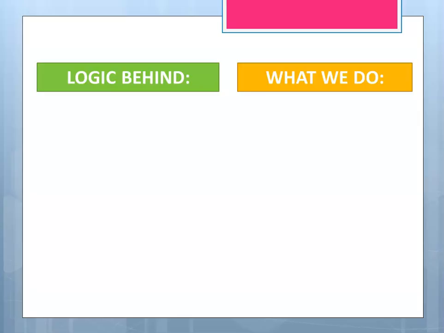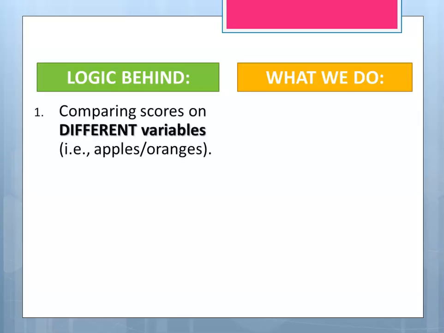Let's return to the earlier example of the relationship between ice cream sales and weather. How are ice cream sales measured? In dollars, right? Well, how is temperature measured? In degrees Fahrenheit. So we have dollars and Fahrenheit, and they're not the same measurement.